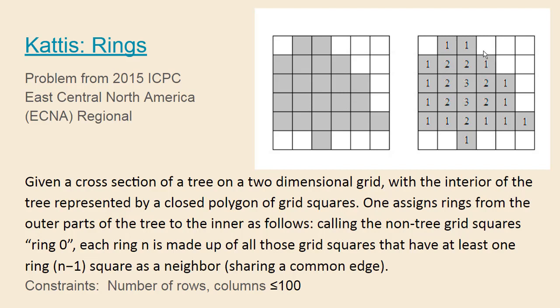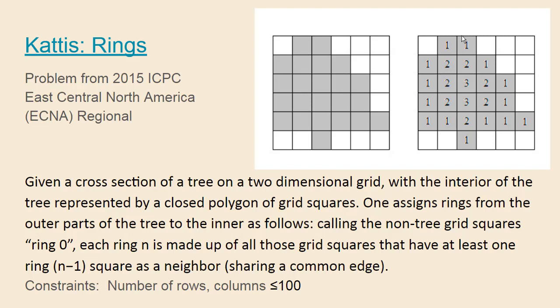The question asks us to assign a ring number to each of the cells in the tree trunk. For example, the outermost layer is assigned 1.